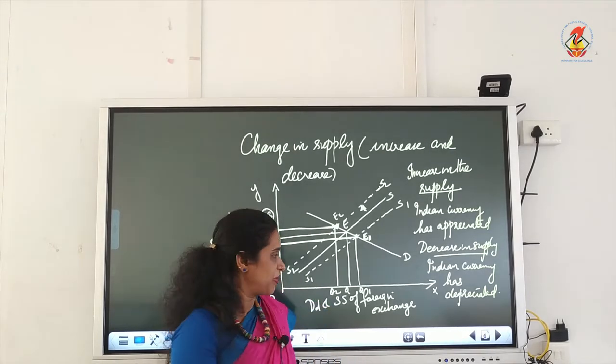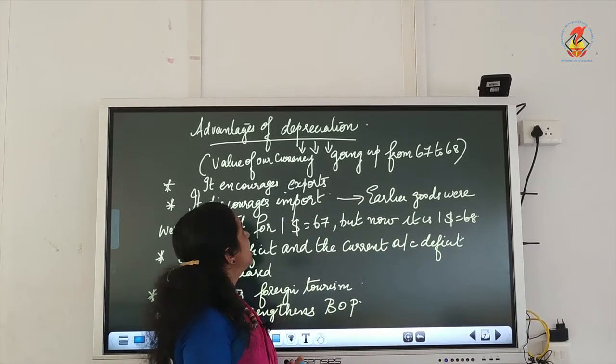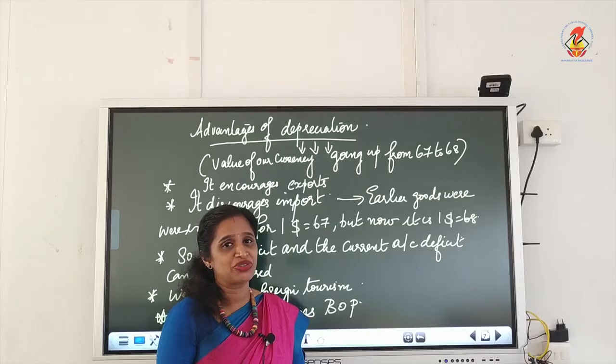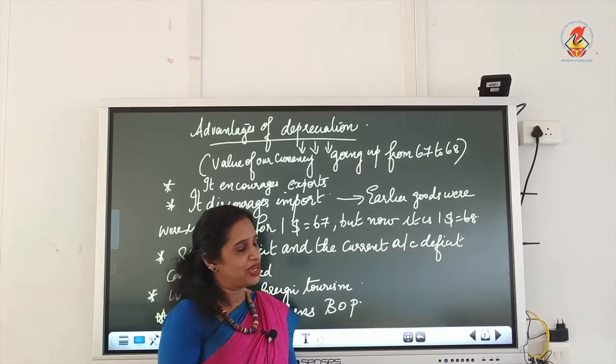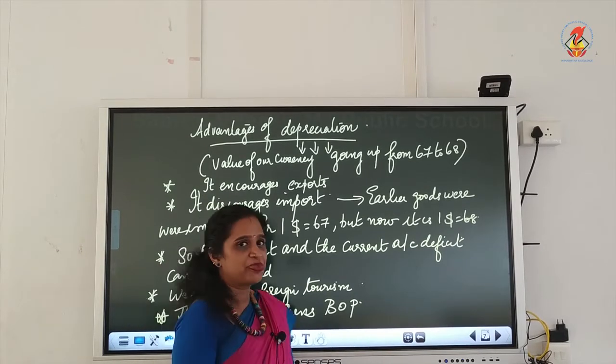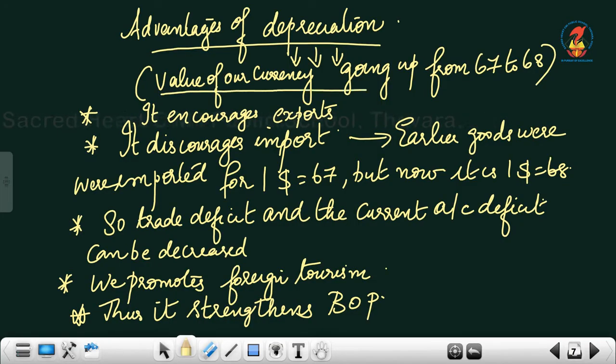Next we will move on to the advantages of depreciation. Now you know the depreciation has happened due to the changes in the forces of demand and supply. Let us see what the advantages of depreciation are. Depreciation means what? Once again I will remind you, the value is going up from 67 to 68.